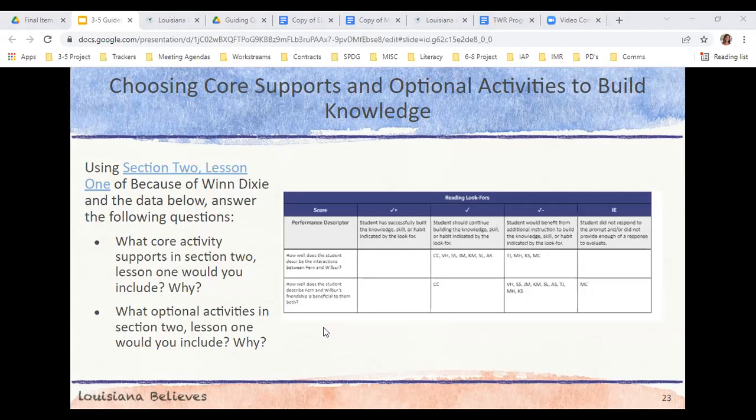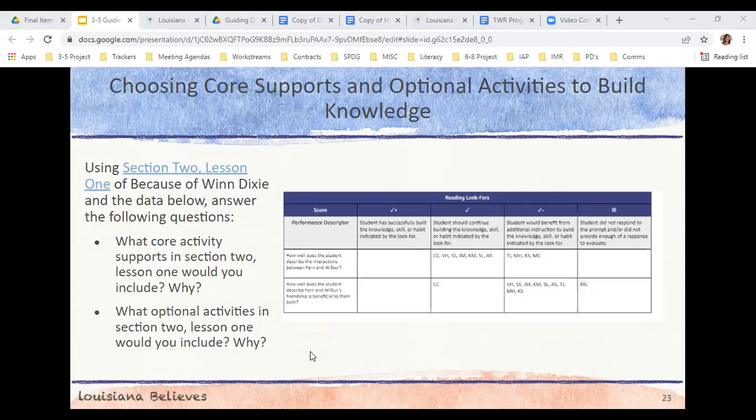Ms. Vermillion, you are asking if the core supports are optional. Those possible supports and guiding questions are provided for teachers to use as in the moment supports and to plan for those diverse learning populations.